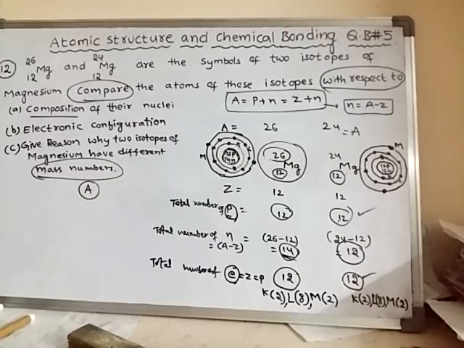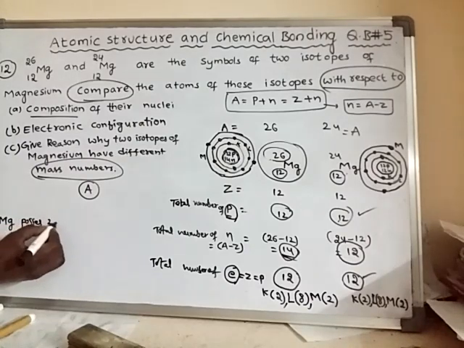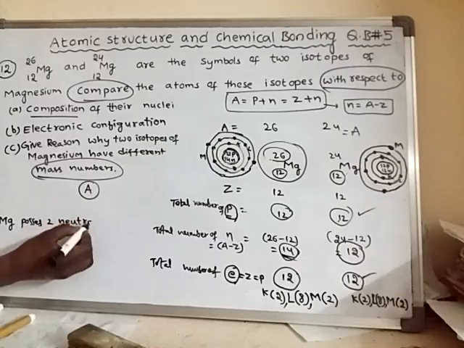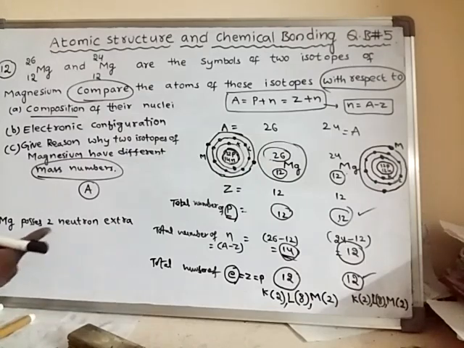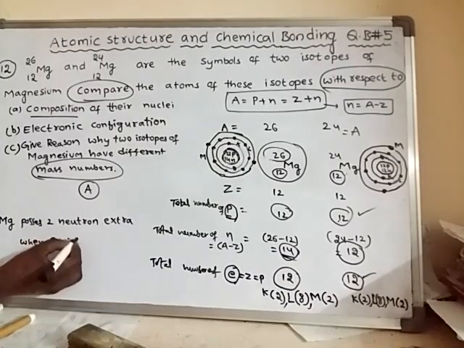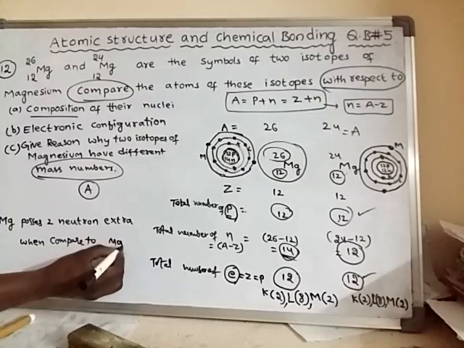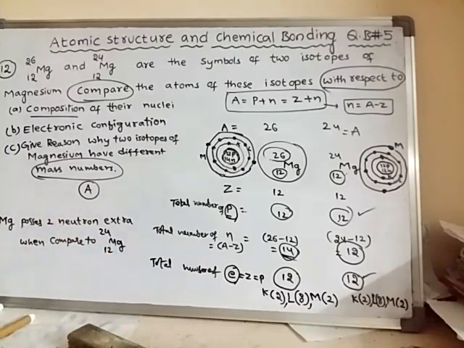So for this question we can write like this: magnesium 12, 26 possesses two neutrons extra when compared to magnesium 12, 24.